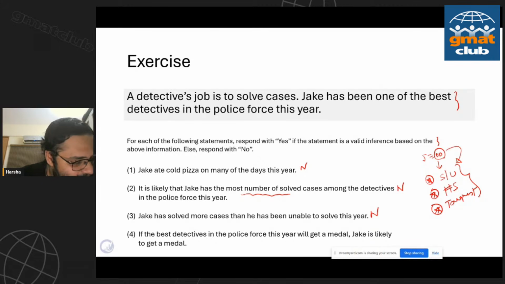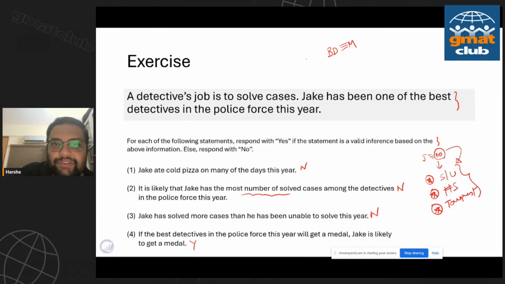Now, some of you did tell me the right answer for this one. I'm very happy to see that. This is a yes. Because again, based on all the information given, this is very logical to say. Why is that? I do know that the best detectives out there are slated to get a medal this year.